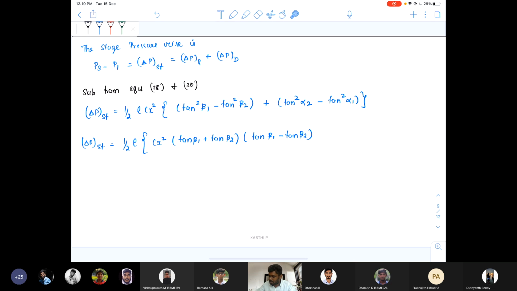Again, when you multiply Cx square in this equation, this 2 will get Cx square and this 2 will get Cx square.